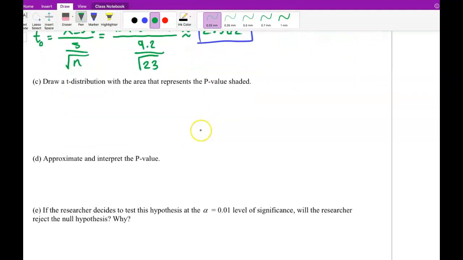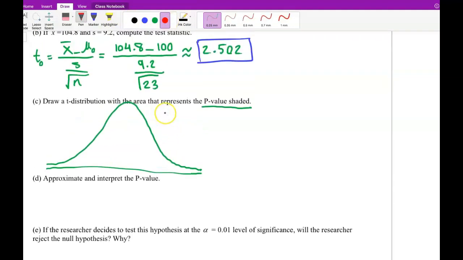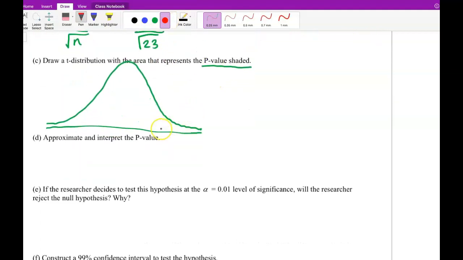Now part C: draw a t-distribution with the area that represents the p-value shaded. Okay, now drawing the t-distribution. For T we got 2.502.